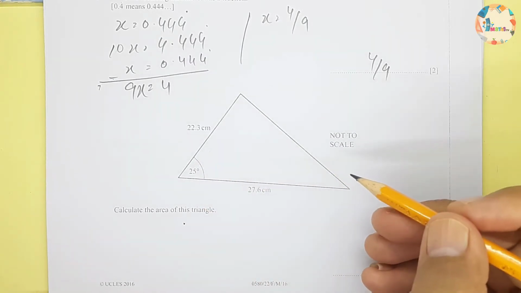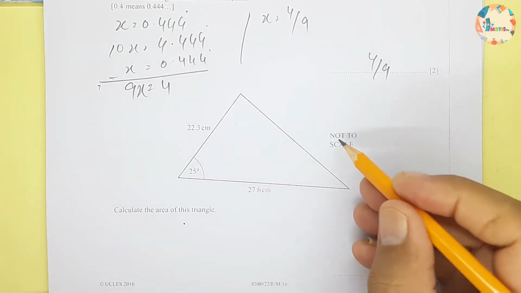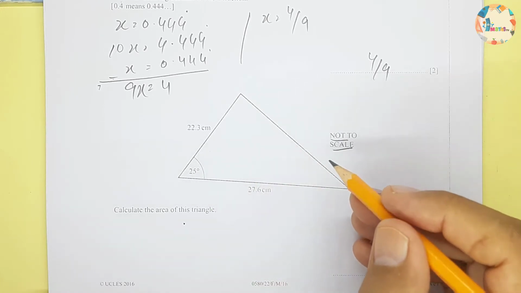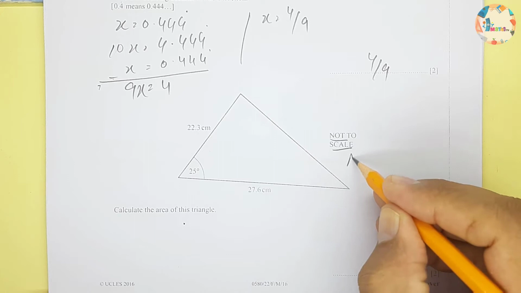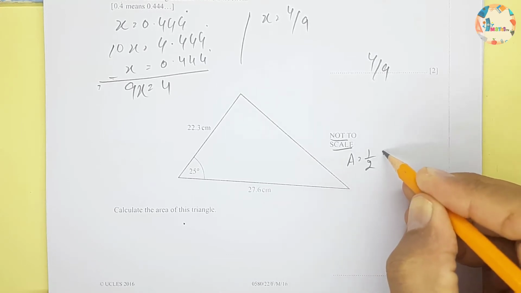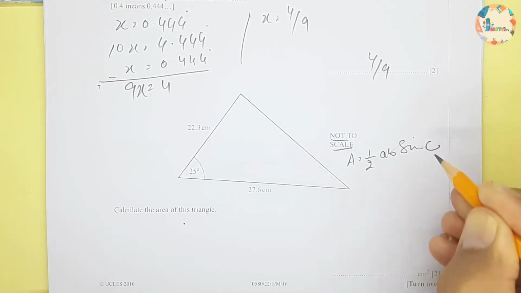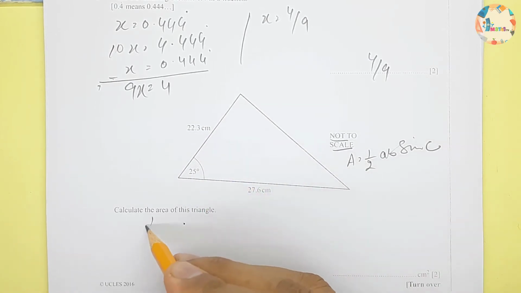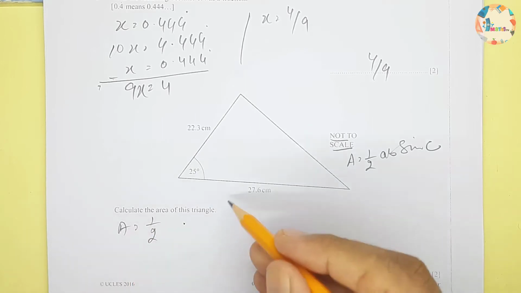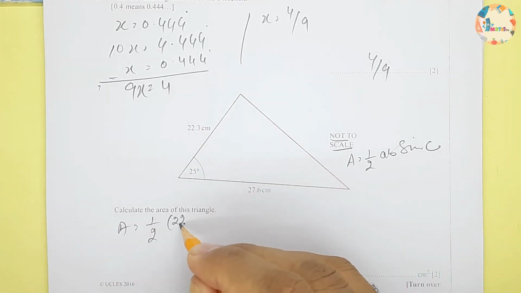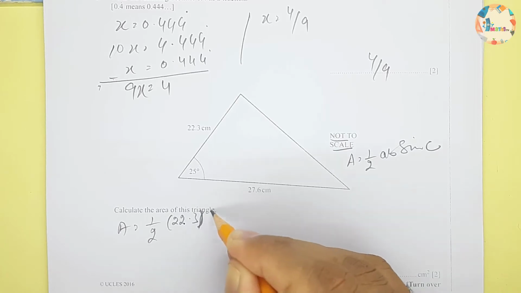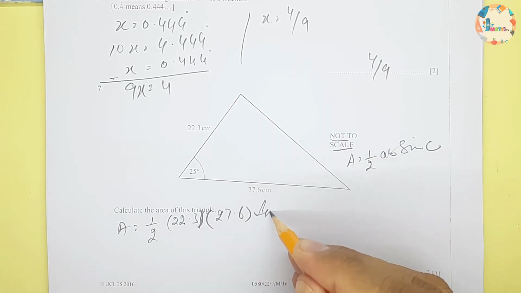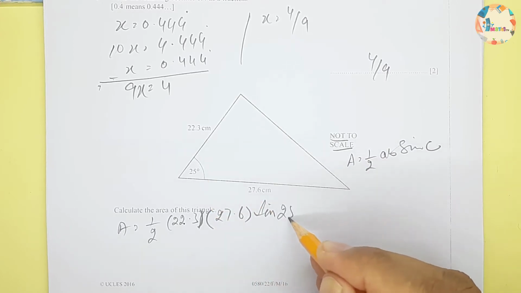Question number 7. This triangle is given which is not to scale, and calculate the area of the triangle. So we know formula area of a triangle is equal to 1 by 2 ab sine C. So these two sides and the included angle. So area will be equal to 1 by 2, a will be 22.3 and b will be 27.6, and sine of angle 25 degrees.